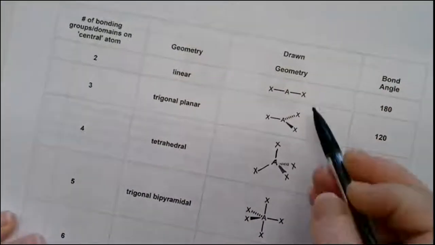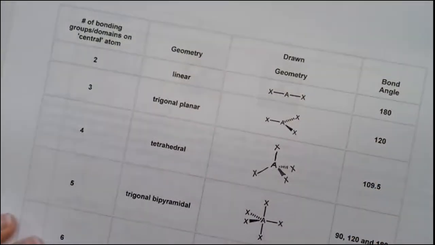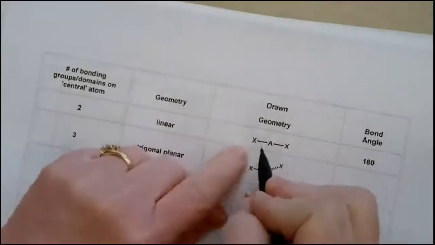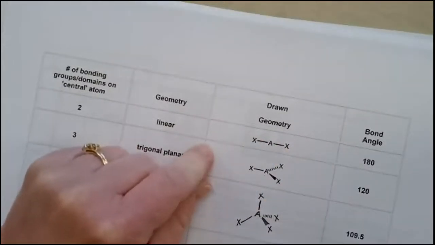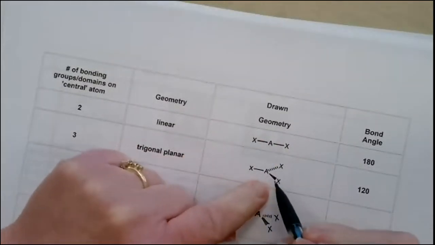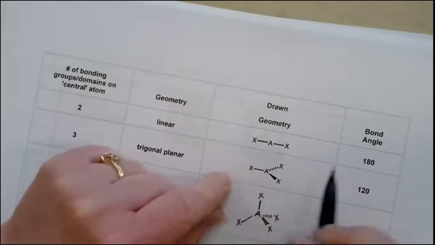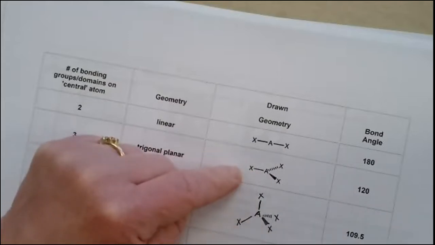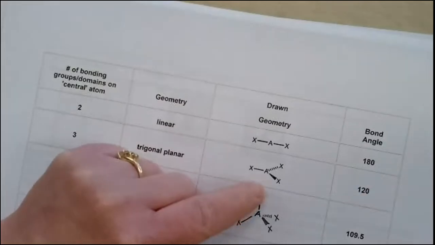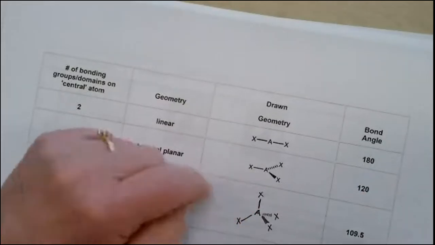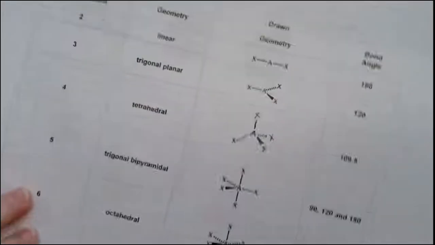Here is how we would draw those geometries. If it's a solid line, it means it's flat with the paper. If it's a shaded in triangle out, it's coming out of the page. If it's a dashed, it's going into. Here are our bond angles.